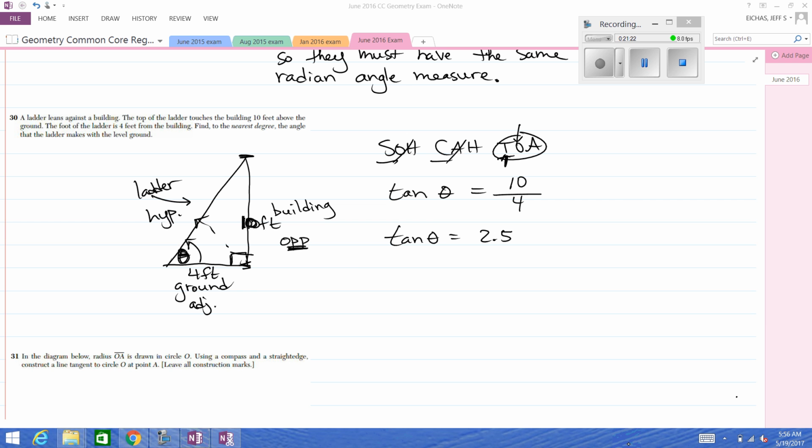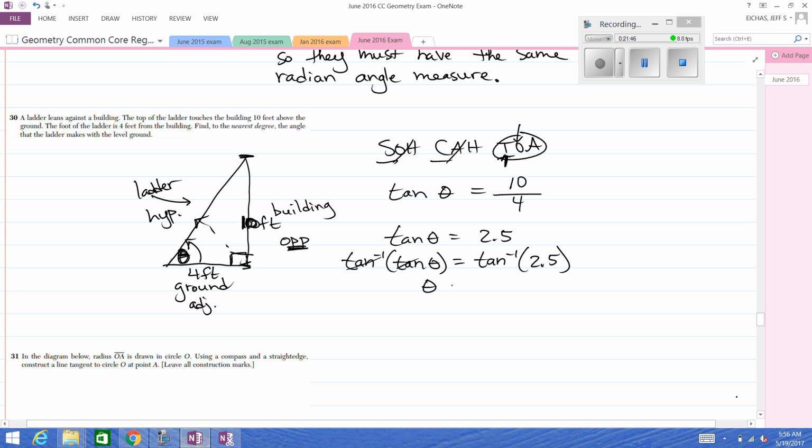The inverse of tangent is arctan, or tangent to the negative first power. When you have functions that are inverses of each other, they knock each other out. Whatever we do to the left, we have to do to the right to keep that balance. And that's how this appears.